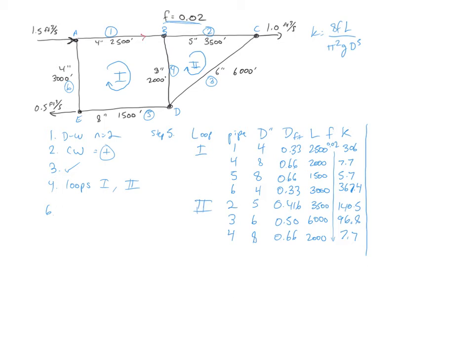So in this pipe 1, I'm going to put a little flow arrow there, and I'm going to put 0.7. And then down here on this pipe 6, I'm going to put a flow arrow pointing down and assume 0.8. Thus, I have 1.5 coming into junction A, and I have 0.7 plus 0.8, or 1.5, leaving junction A. Seems like a reasonable starting assumption.